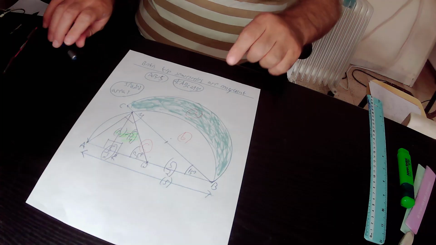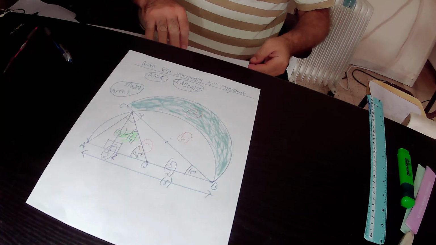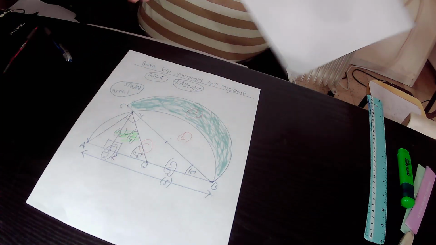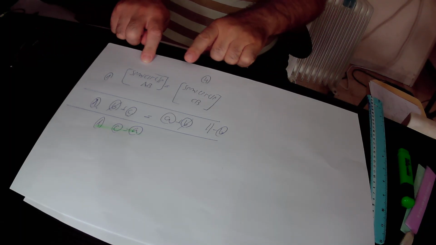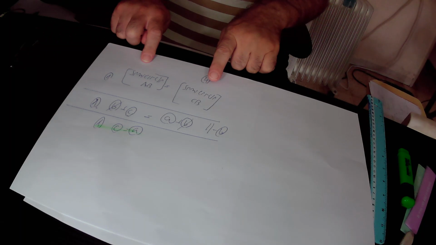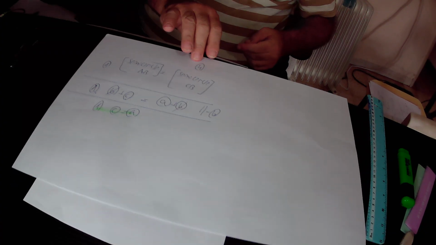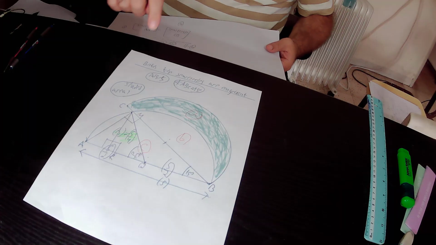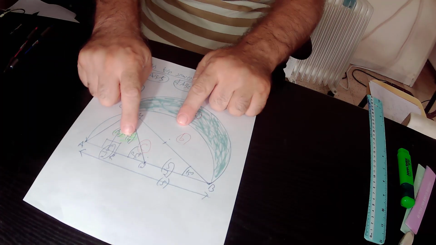Because those two semicircles can go into each other, they must also have the same areas. That is to say, the area of semicircle AB must be equal to the area of semicircle CB. Semicircle AB consists of those two shapes.